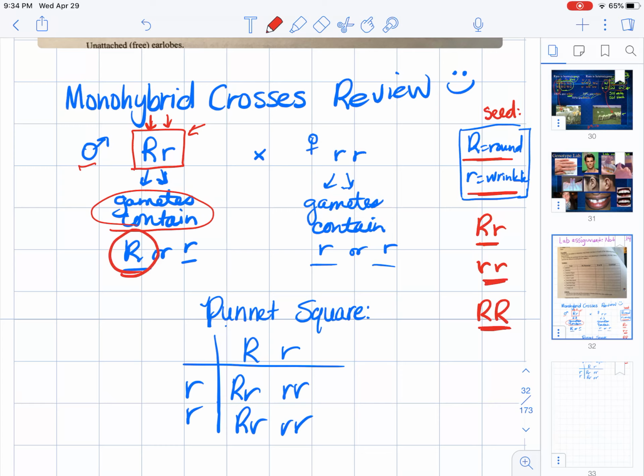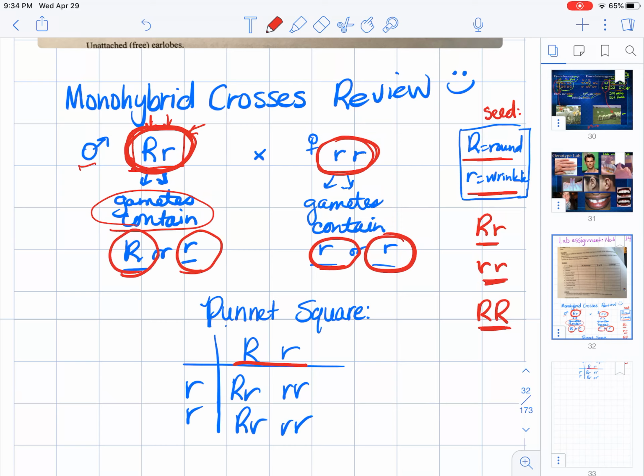That would mean that the gametes made, so if this was a plant, the pollen, the male pollen or sperm, could have half of it containing the dominant and half containing the recessive because it's carrying one of each in its genotype. Whereas this female that we're crossing it with got a recessive from both of her parents. So all of her egg cells would have the recessive in them because that's the only gametes that are possible.